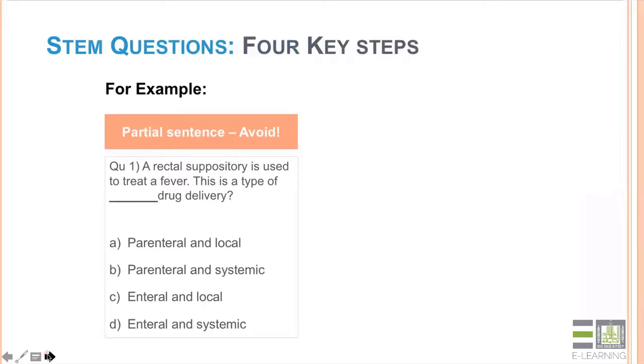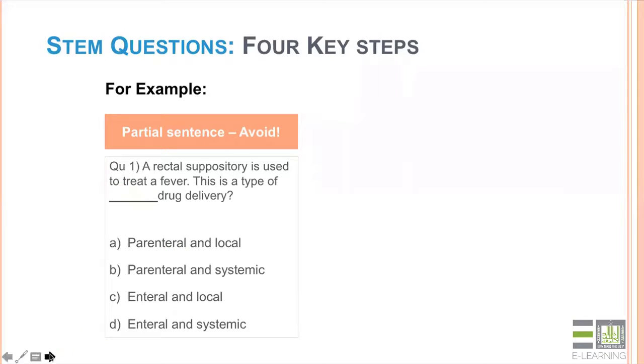An example of a partial sentence which we should avoid in our practice would be this. We've got a question, and as you can see, you've got this fill in the gap that the students have got to, from the list of alternatives, select the correct answer to fill in.